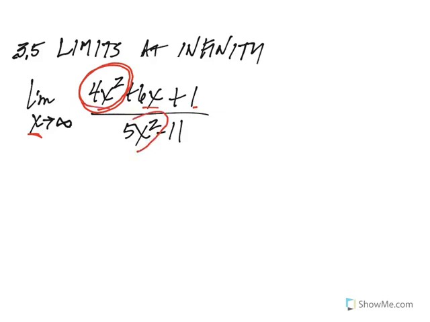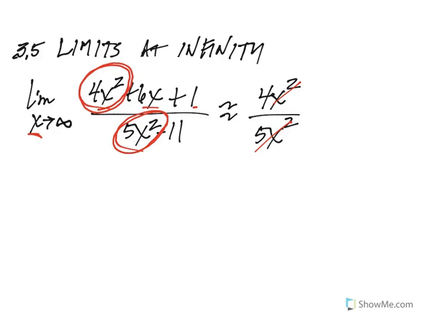Ditto for the bottom. If I take 1 trillion and I square it and then multiply that by 5, does it really matter if I'm subtracting 11 from it? The answer is no. So you're going to take the most dominant terms in the top and in the bottom, and you're going to say that that original function is roughly equal to 4x squared over 5x squared, because everything else does not really matter at huge, huge values of x.